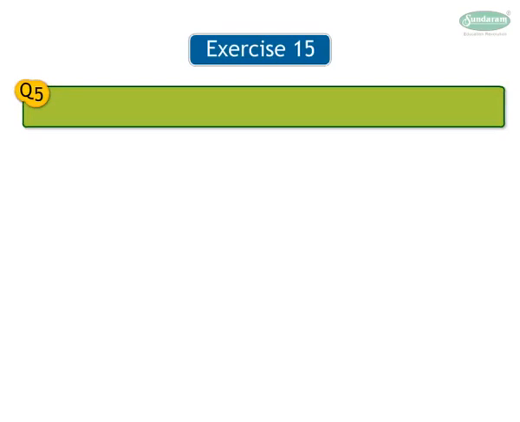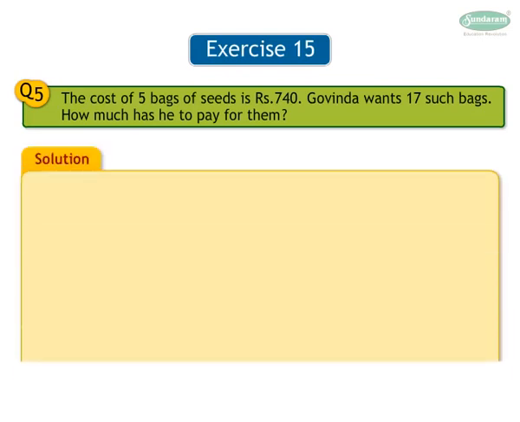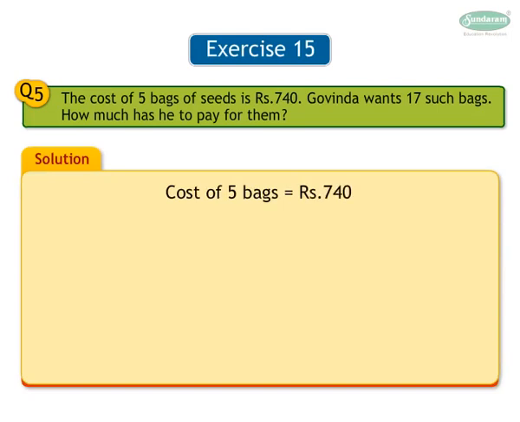Number 5. The cost of 5 bags of seeds is rupees 740. Govinda wants 17 such bags. How much has he to pay for them? Solution. Cost of 5 bags is equal to rupees 740.